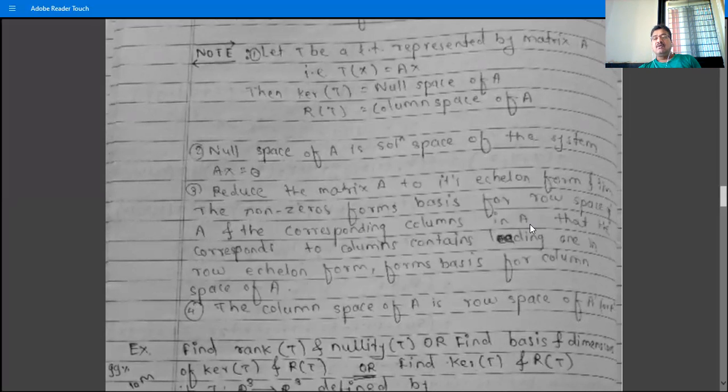The corresponding columns in A that correspond to columns containing a leading one in the reduced row echelon form form the basis for the column space of A.